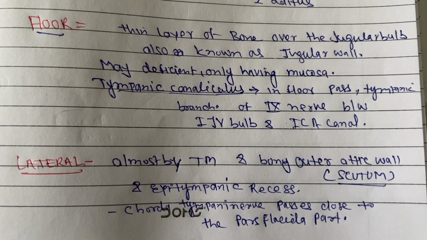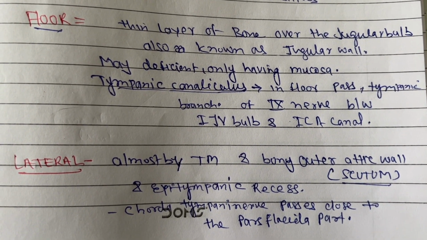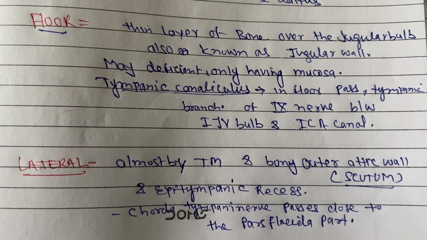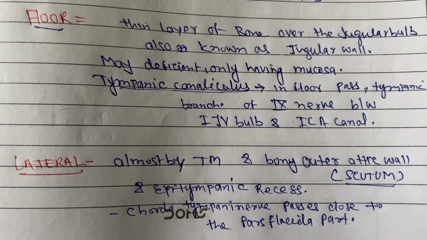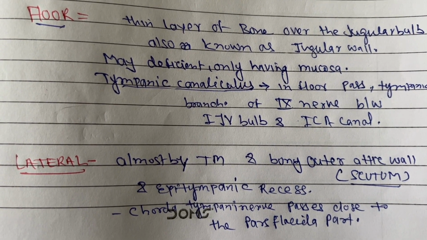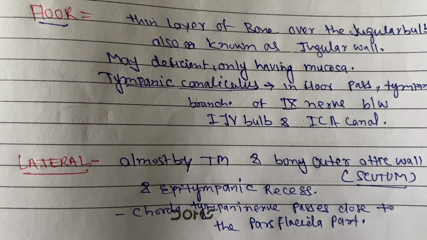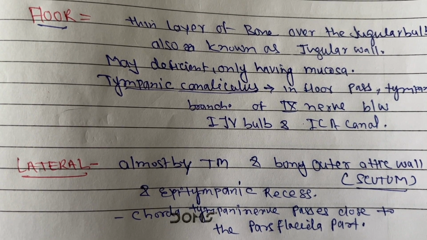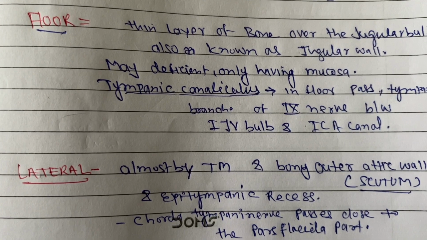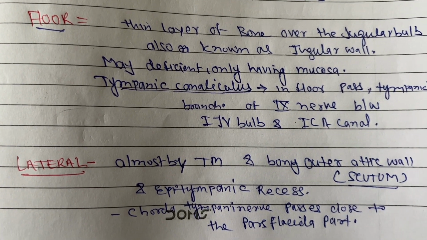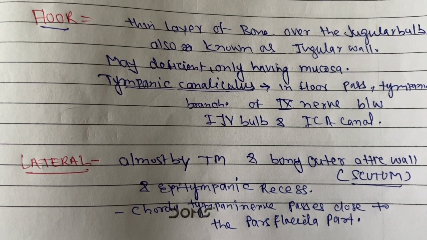Where a small canal is there, that is called the tympanic canaliculus, through which Jacobson's nerve passes between the internal jugular bulb and the ICA. Laterally it is covered mostly by the tympanic membrane and the bony outer attic wall, that is called the scutum, and erosion of this is a sign of cholesteatoma.